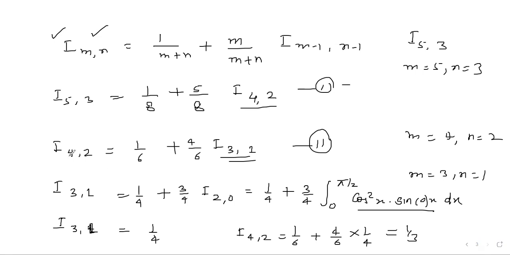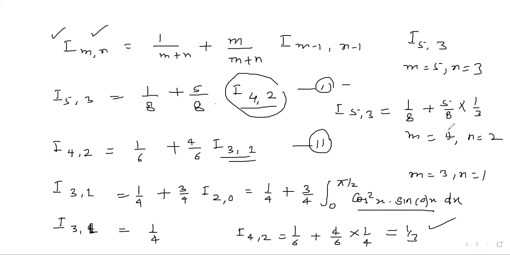We put this value here to get I_(5,3). So I_(5,3) will be equal to 1 by 8 plus 5 by 8 times the value of I_(4,2), that is 1 by 3. On simplification, we will get 8 upon 24, which is equal to 1 by 3, and that is our answer. Thank you for watching.